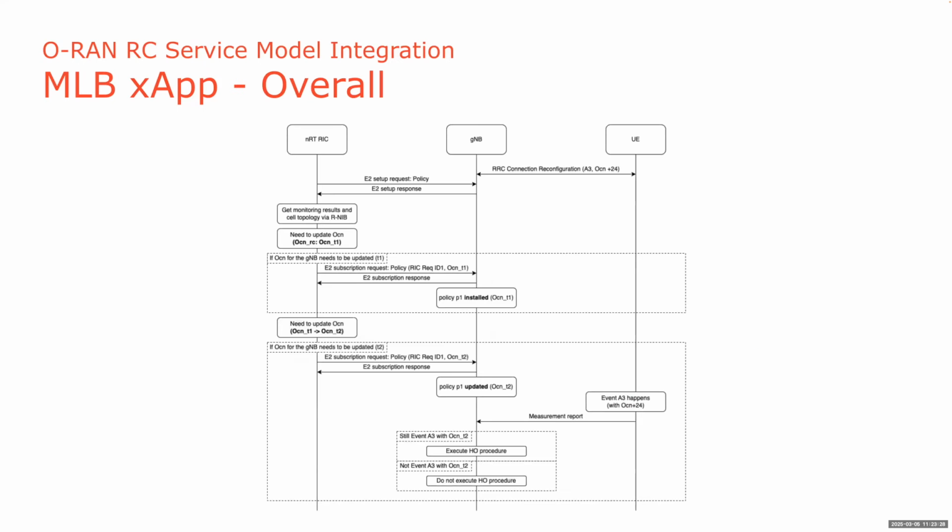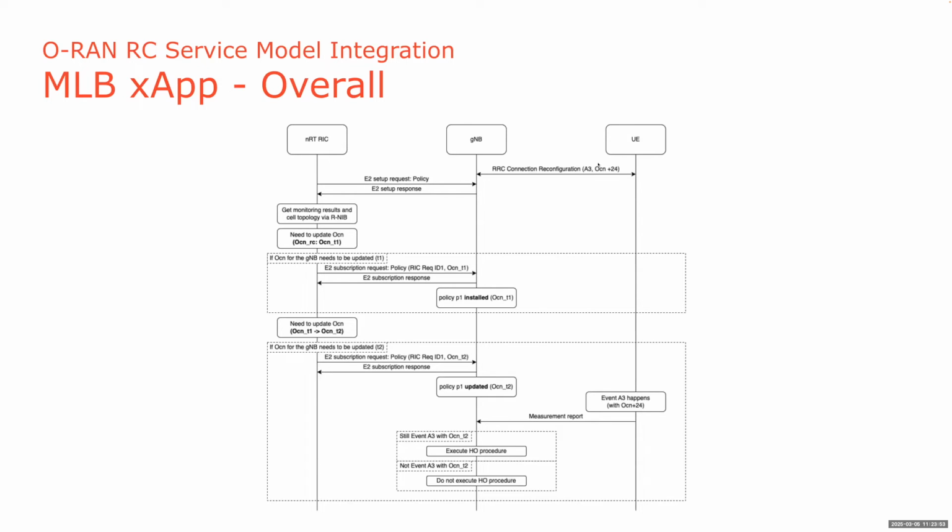So this is how it works, and this is the brief call flow. If there is a near real-time RIC running here, and a GNode B is connected to the near real-time RIC, and let's say a UE is connected to the GNode B. First, setup request and setup messages are exchanged so that the GNode B and the near real-time RIC have a channel.